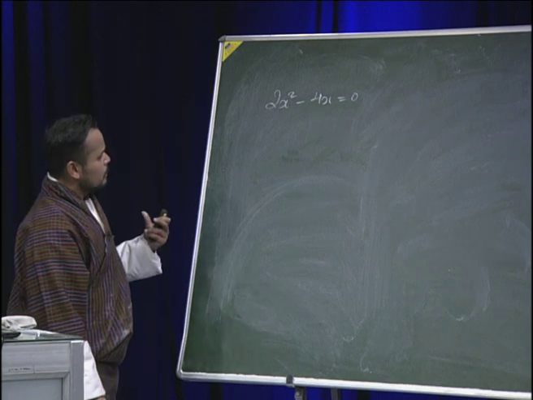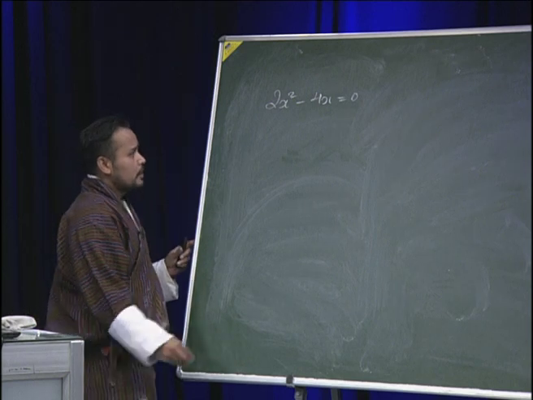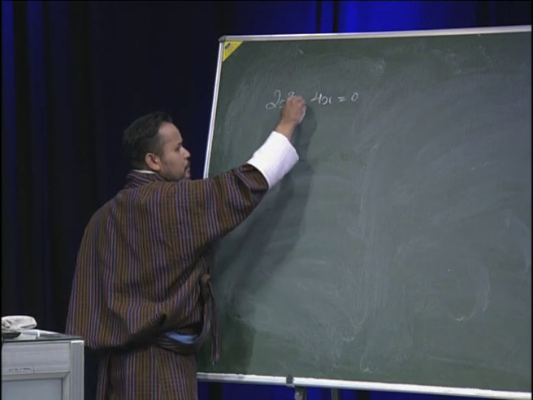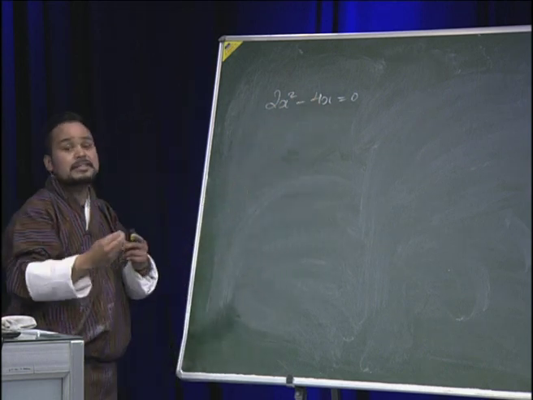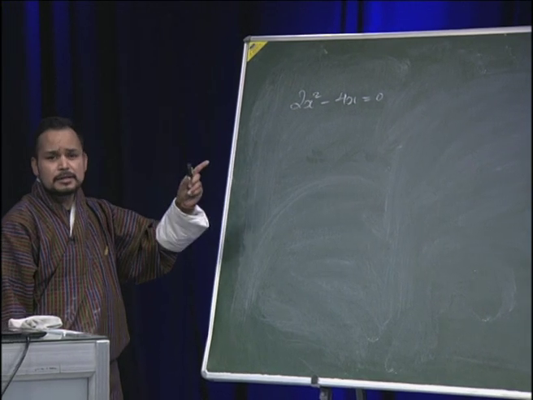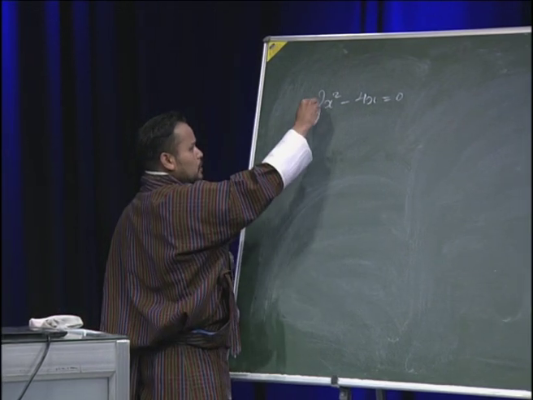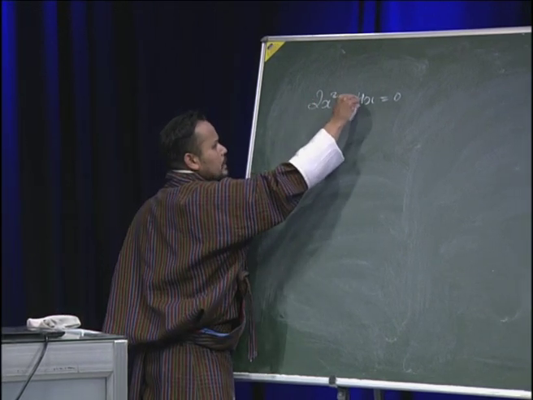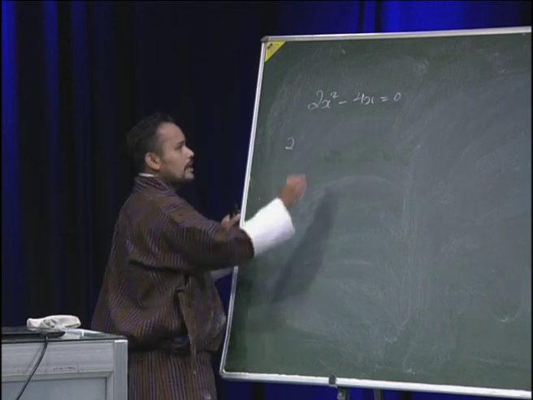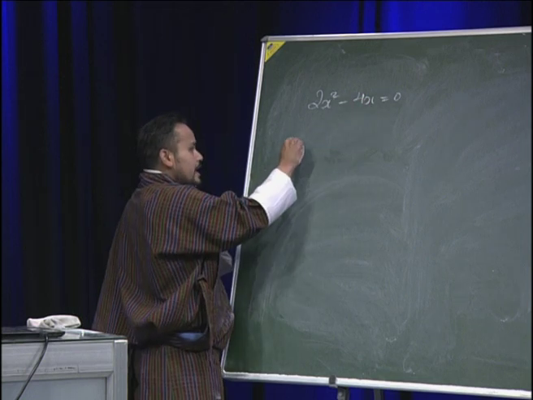If you see the equation properly, in the first term I have 2x square, in the second term I have 4x, and the terms are separated by a negative sign. Therefore, the first term and second term have common factors. If you check the numbers 2 and 4, 2 is a factor of 4, so you can take 2 common. X square and x, so x is common in both terms. So, you can take x common.